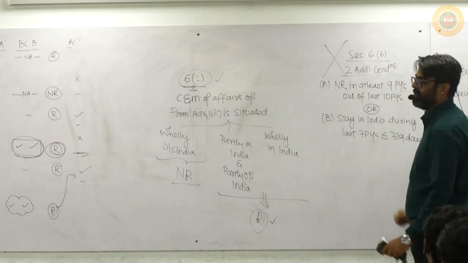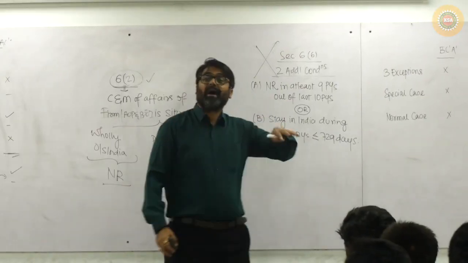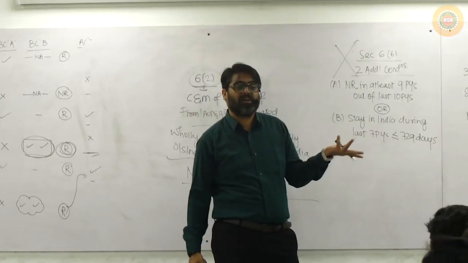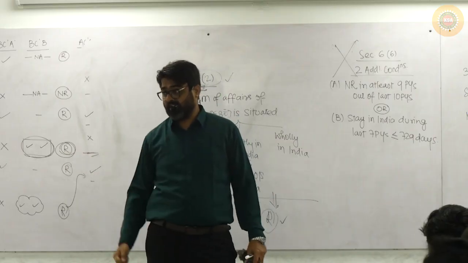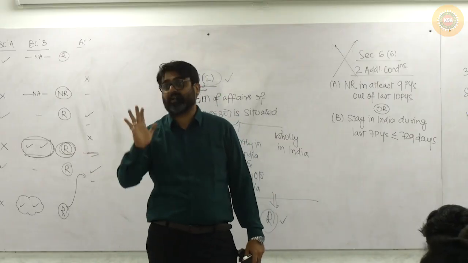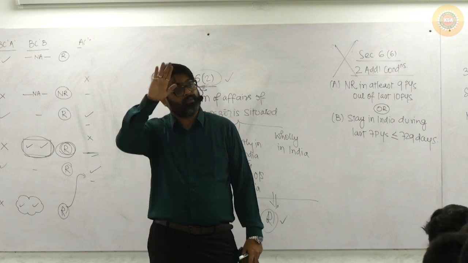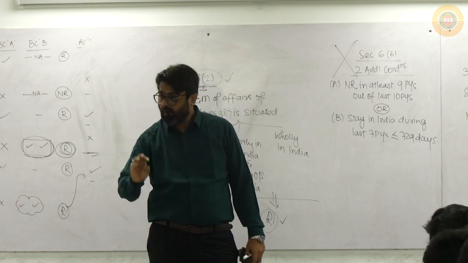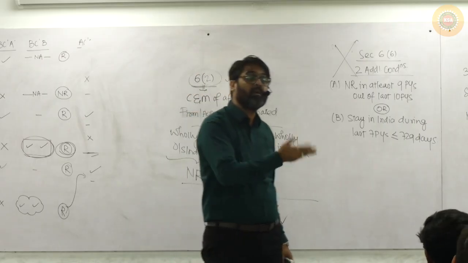No need to come here. Sir, what if after it is becoming resident, a partner has satisfied any one additional condition, or a member of the AOP BOI has satisfied any one additional condition? Don't do that thing. Once resident, always ordinary, no option given to them to become RNOR.